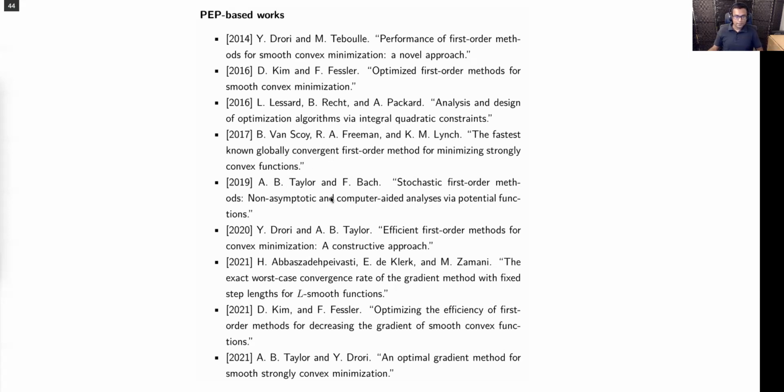Taylor and Bach used a potential function-based setup to discover proofs and find non-asymptotic convergence rates. Drori and Taylor then used a certain span search based procedure to discover efficient first order methods in convex optimization. Then in 2021, last year, there were 3 papers that discovered better algorithms using PEP-based methodology. Here are those 3 papers.